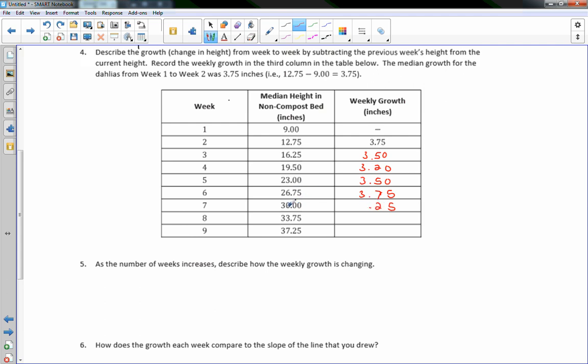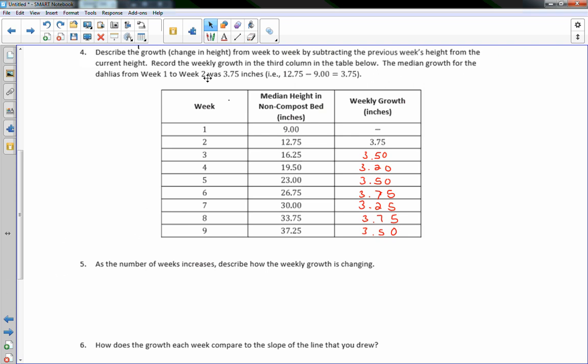And that would have made this 0 a 9. 9 minus 6 is 3. 5 minus 0 is 5. 7 minus 0 is 7. 3 minus 0 is 3. 5 minus 5 is 0. 12 minus 7 is 5. To get 12, I took from the 7, made it a 6. 6 minus 3 is 3. So there we have it. So 3.5, 3.25, 3.5, 3.75, 3.25, 3.75, and 3.50.